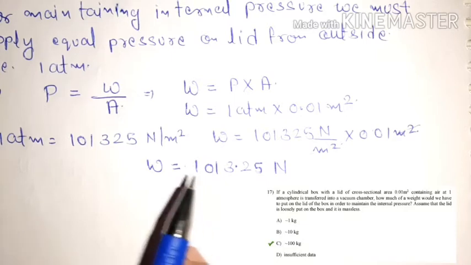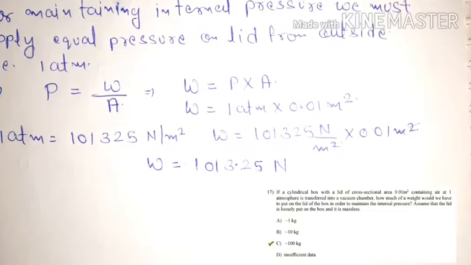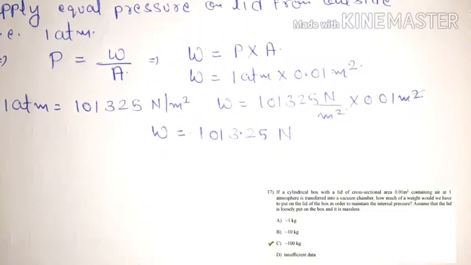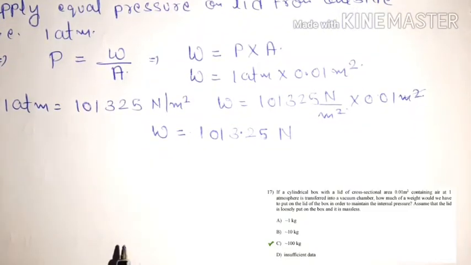So for converting your Newton weight into kilogram, we must divide it by 9.8 meter per second square, that is your gravitational constant g.